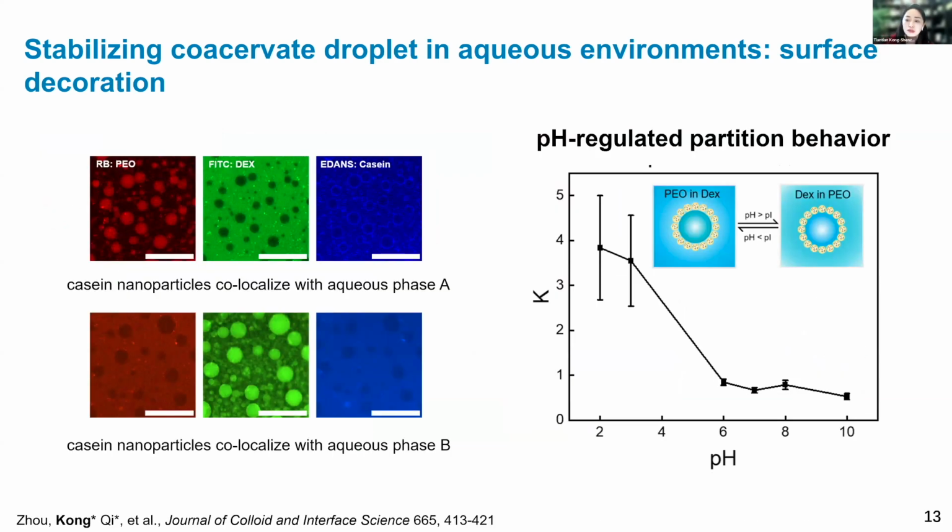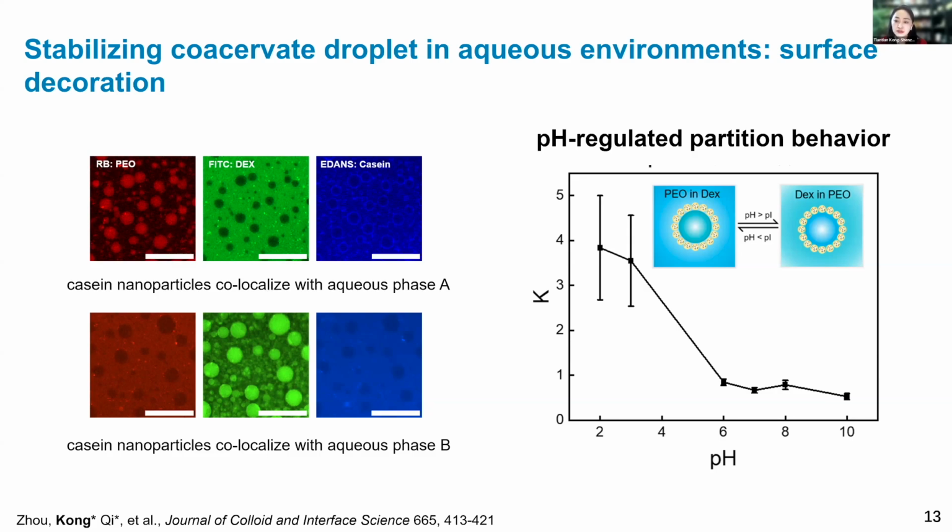And these protein particles often have pH regulated partitioning, which allows us to tune the stability of these droplets. So in the fluorescence image on the left, you see distinctive dyes labeling the 2 aqueous phases, red and green, as well as the protein particles we use, which are keratin nanoparticles, labeled blue.